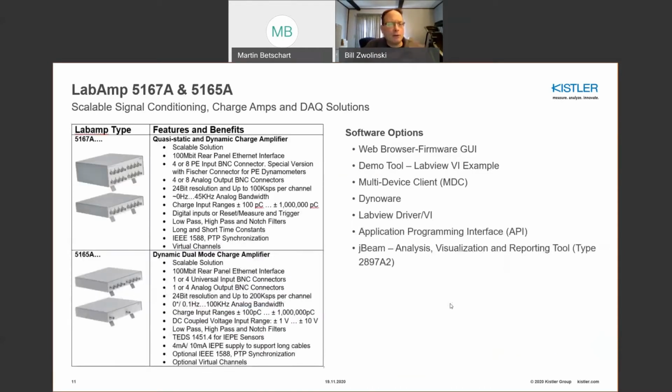So now that we've gone through some of the basics, obviously we now need to talk about charge amps and data acquisition. So there is a family of charge amps called LabAmp. They're quite unique in the market in that they're high fidelity charge amplifiers, but they're also integrated data acquisition systems on top.